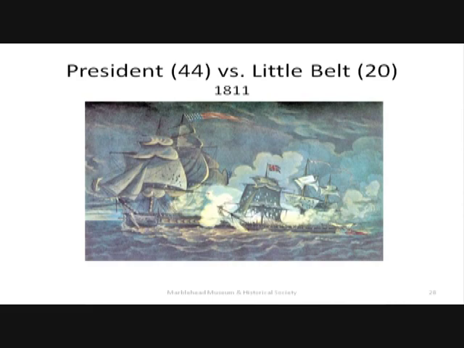Both of them had their guns run out, charged and ready to fire, and somebody on one of them, and they argued forever about who did it, fired a gun. And that's all it took. Both of them just fired everything they had. And in about 2 or 3 broadsides, the President had virtually demolished the Little Belt. When they realized what happened, they offered aid, which the British refused, and they somehow managed to get her to Halifax and repair her.